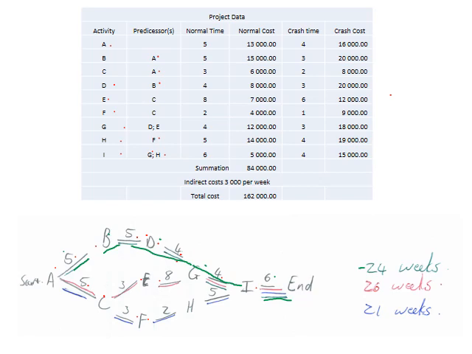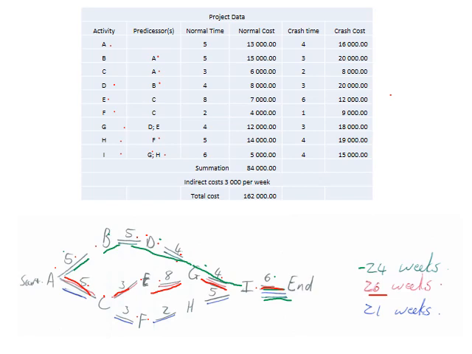Then the red line is there. Then we go to G, E, 3, 5, add those together, get 26.